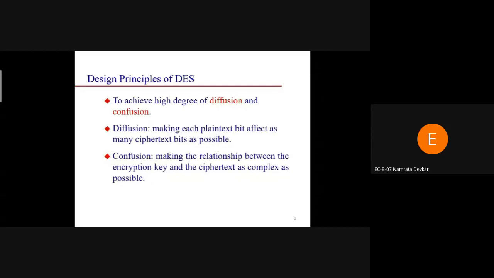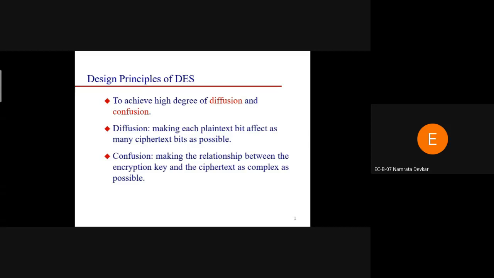Okay. The communication between the sender and receiver is in the form of plain text and ciphertext. So if we change any one bit in the plain text, obviously there is a change in the ciphertext.